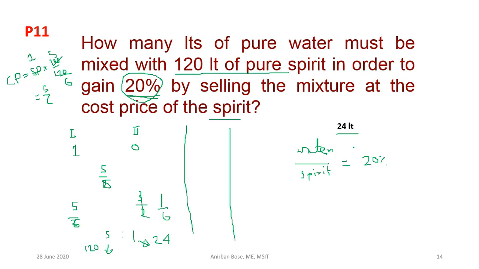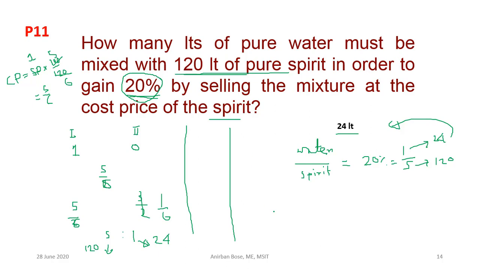Only this you have to remember. 20% is what? You know, 1 by 5. So now you know that there are 120 liters of spirit, so 5 corresponds to 120, then how much water was mixed? So 1 corresponds to 24. So your answer is this. Finished. So just try to remember this specific type, then you need not do all this.